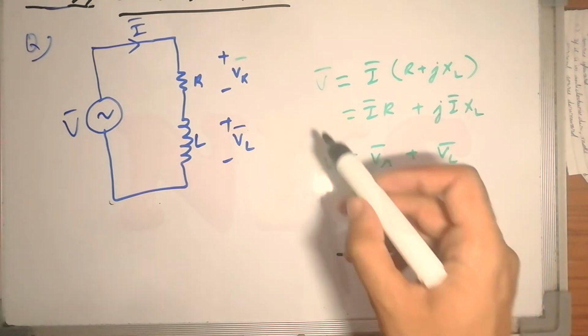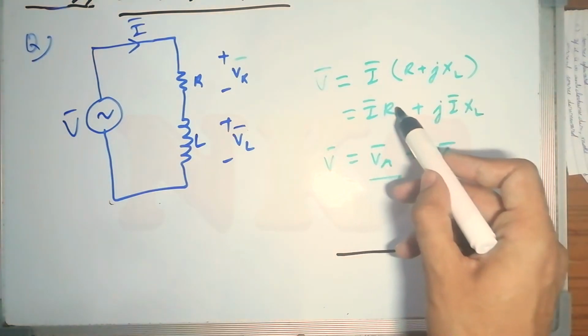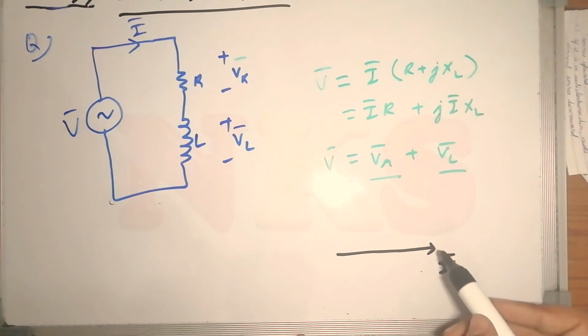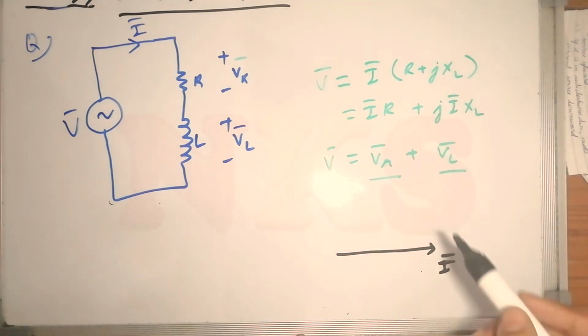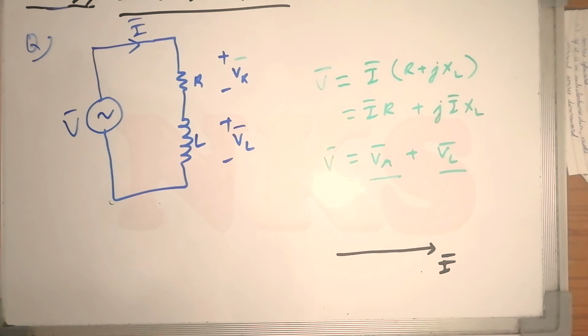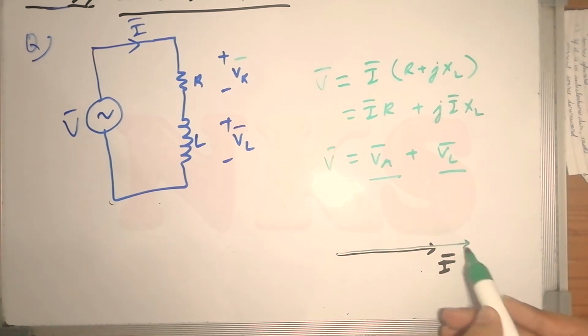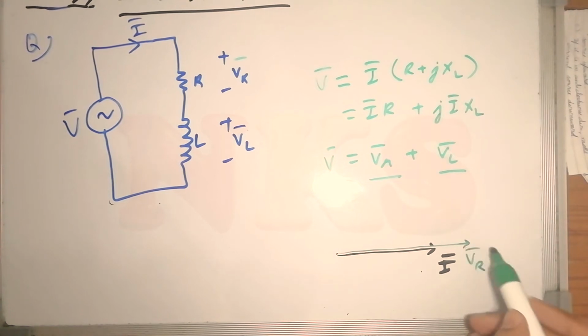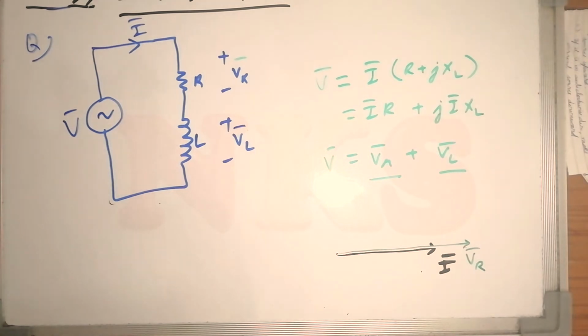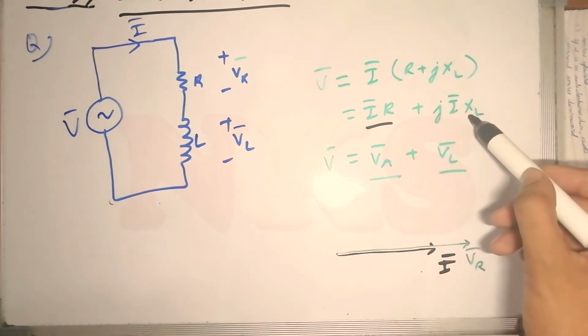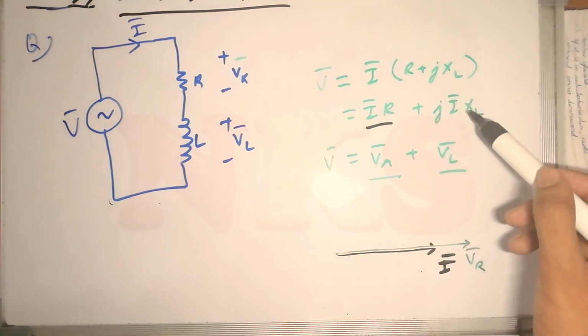Now I know that my V phasor has the I bar R drop. If I bar is multiplied by some value R, this phasor will increase in length, and this will be my VR phasor. I hope you understand this much. Now I have to add the phasor I bar XL, and there is a j.